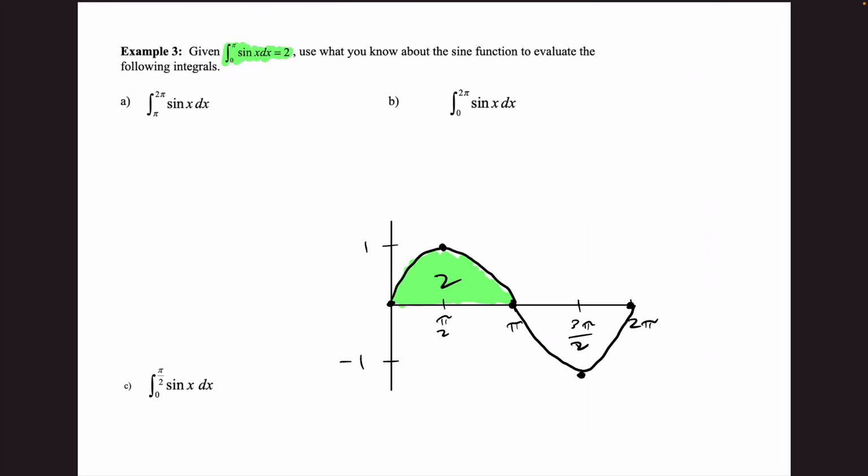Okay, so A, how is A different than the green? A is from pi to 2 pi. Yeah, it just shifted over, right? So now it's from pi to 2 pi. So that is here.